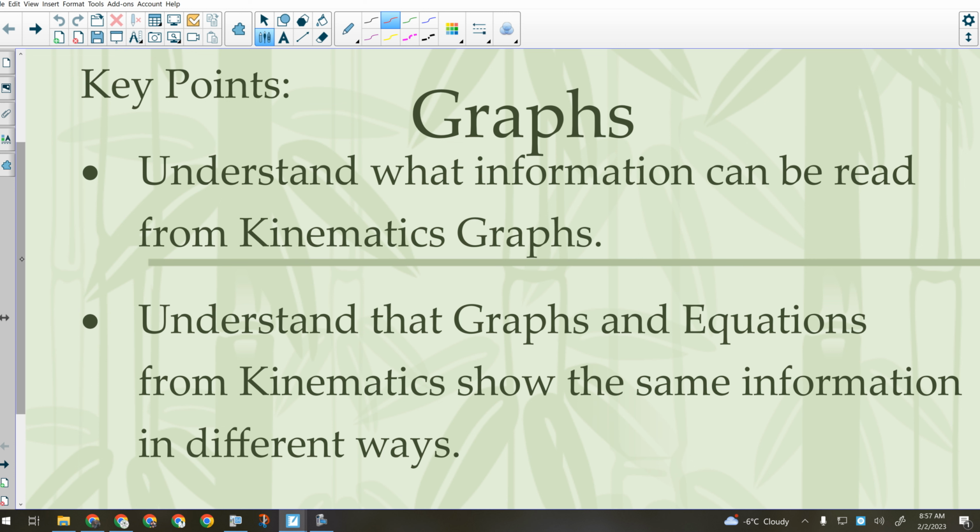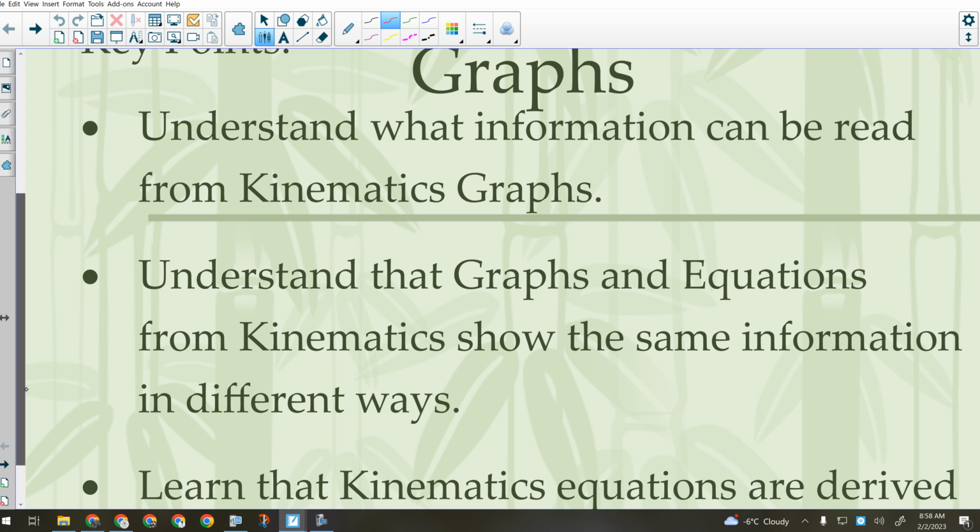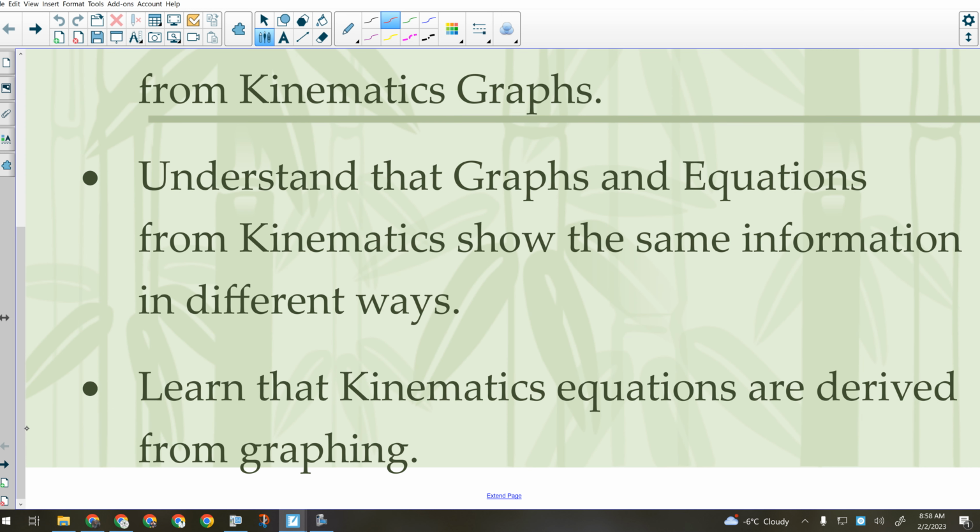What we're going to end up seeing here is that a lot of the formulas you're familiar with, v equals d over t, acceleration is final velocity minus initial velocity over time, those kind of formulas, sorry, are actually derived from a linear function on a graph. They actually come from that. Okay, so that's what we're going to be looking at a bit here today. Okay, and lastly, learn that kinematics equations, like I say, are derived.